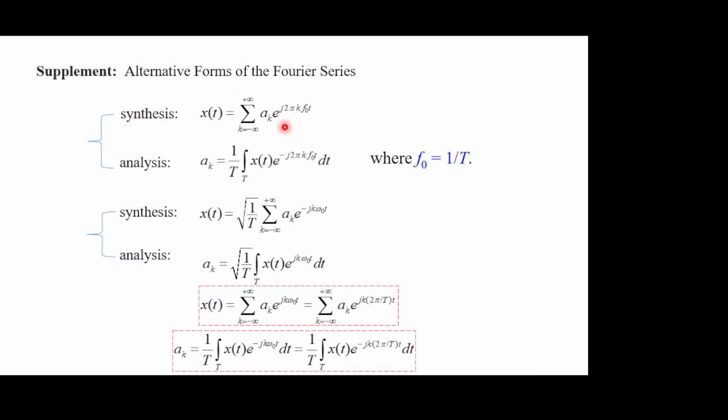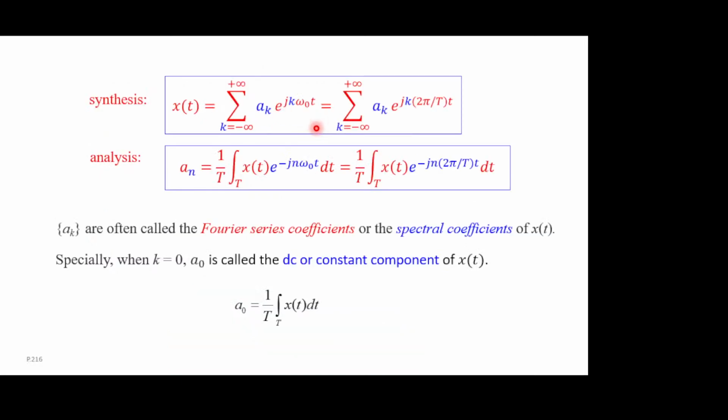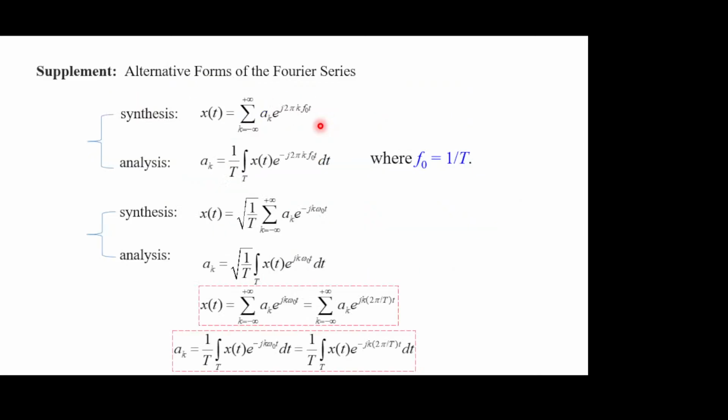So these are the different forms of the Fourier series. First, sometimes people, instead of writing in terms of omega, so we have those e to the jk omega naught, instead of omega naught, they will use the frequency.